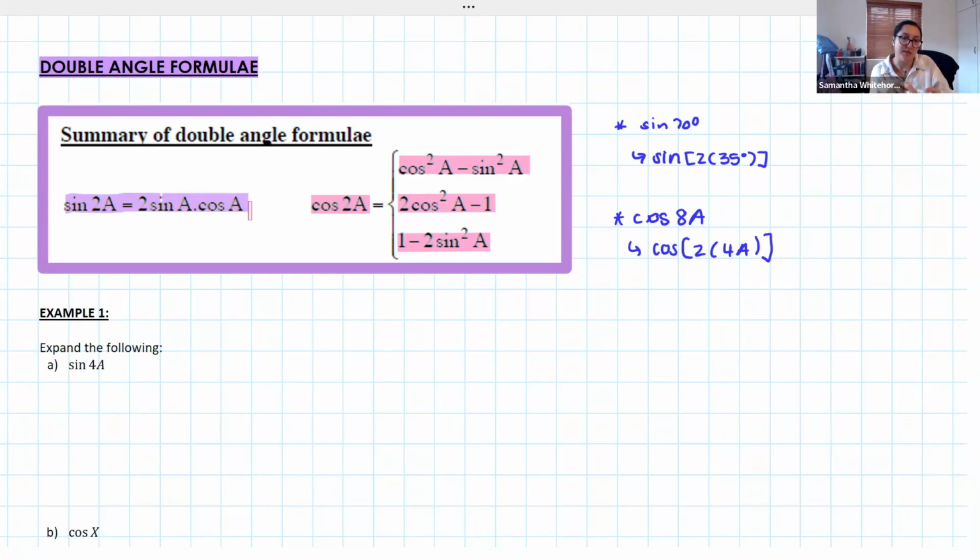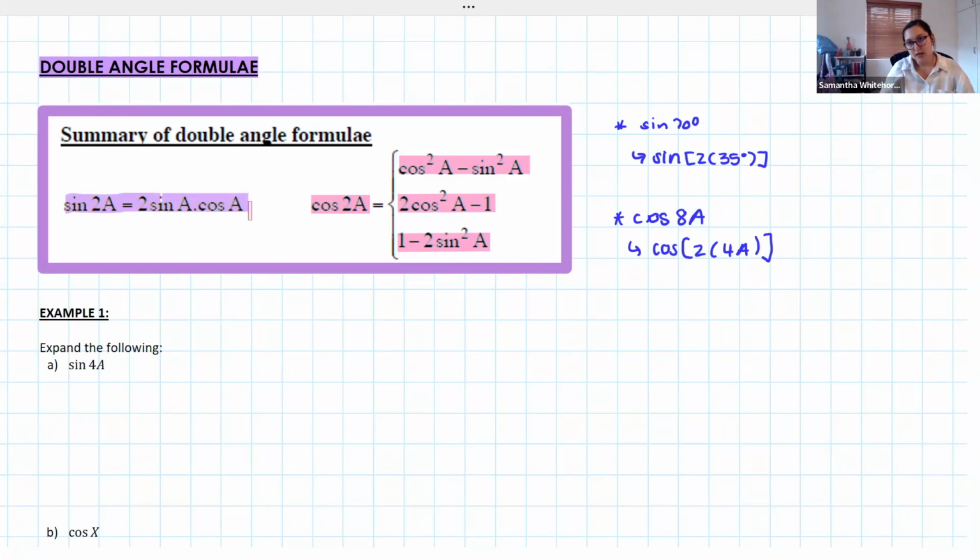Which identity is best suited for that situation? So there's 3 options to choose from. Like I say, you will have to decide which one best suits the situation. And we're going to deal with questions like that as of Wednesday, pretty much. So yeah, when it comes to cos, it's about what are you trying to achieve? Which one is going to help you achieve what you want to achieve?